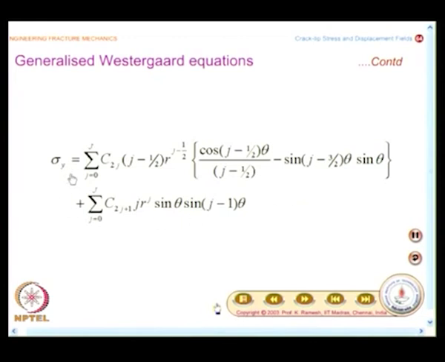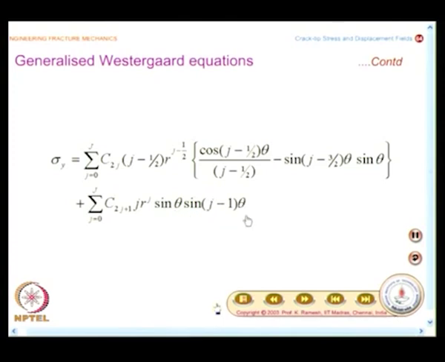I have sigma y equal to summation over j equal to 0 to capital J of C2j multiplied by (j minus 1 half) multiplied by r power (j minus half) multiplied by cos (j minus half) theta divided by (j minus half), minus sin (j minus 3 by 2) theta sin theta, and the second term is summation over j equal to 0 to capital J of C2j plus 1, j r power j sin theta sin (j minus 1) theta.